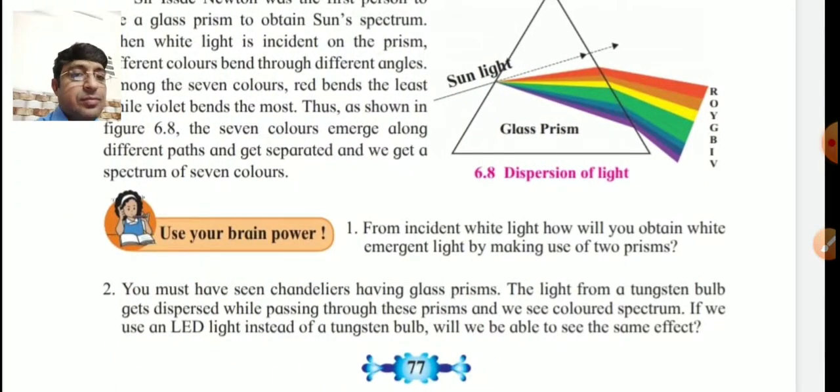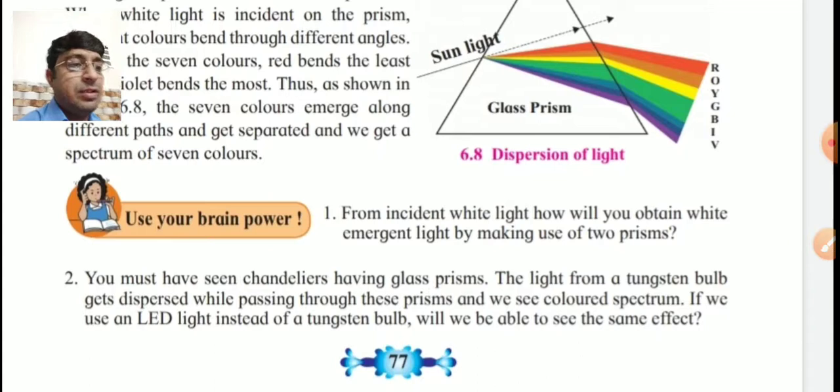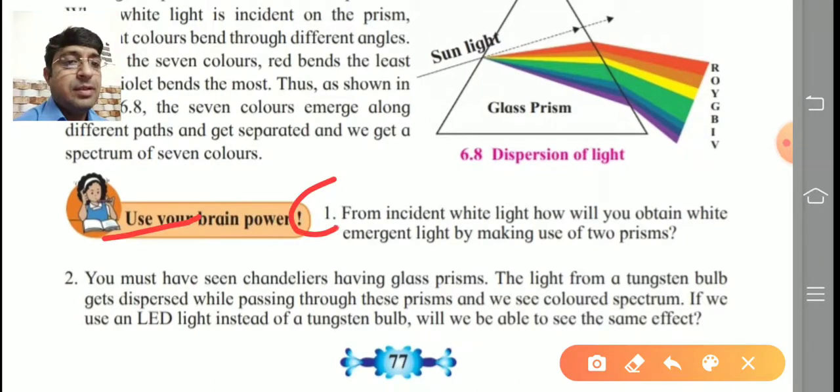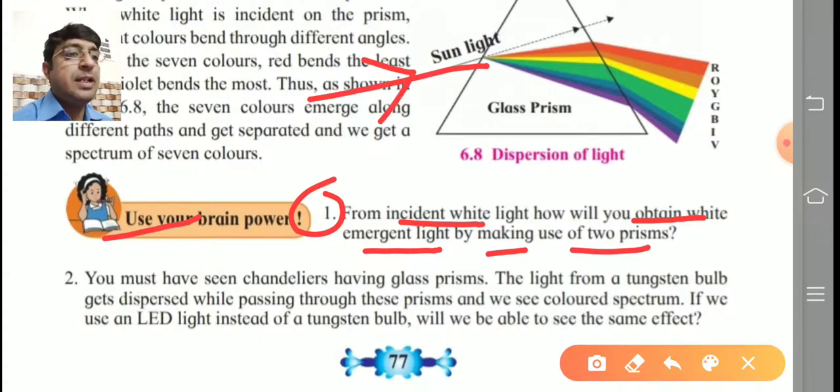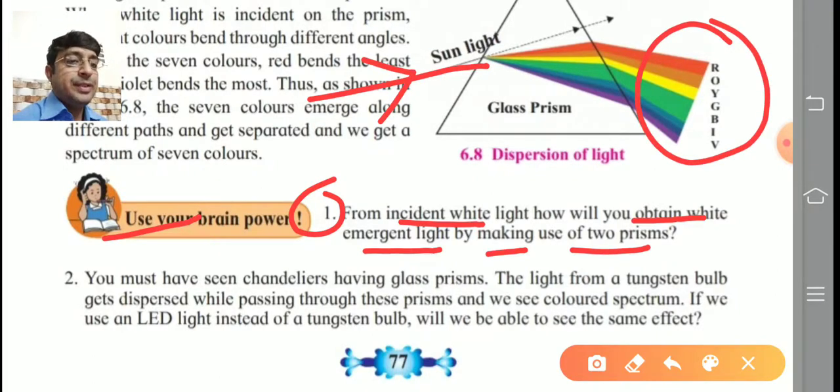Next one. Again, 2 questions are given for us. Use your brain power. First one is, from incident white light, how will you obtain white emergent light by making use of 2 prisms? By using the first prism, what happened? White light is passing from one side, and on the other side we are getting the 7 colored spectrum. So in this question we are using 2 prisms, and how are we obtaining the white light again?